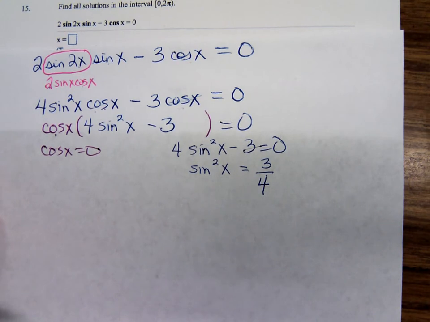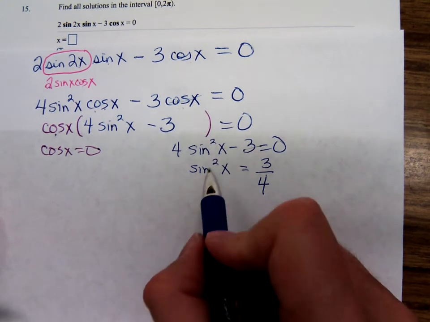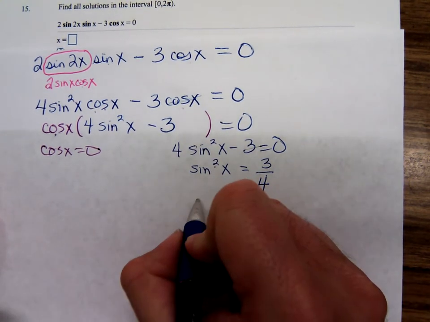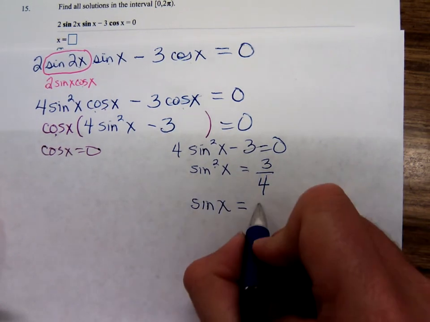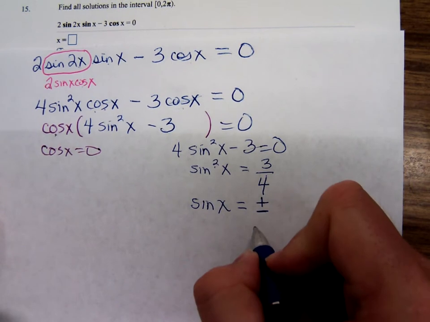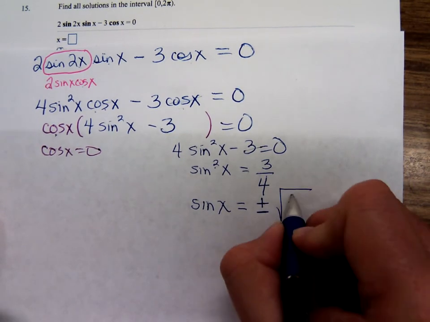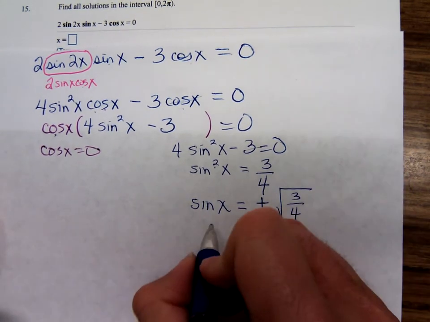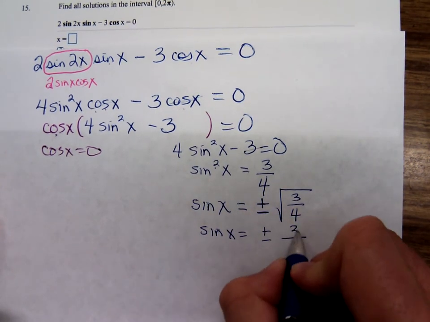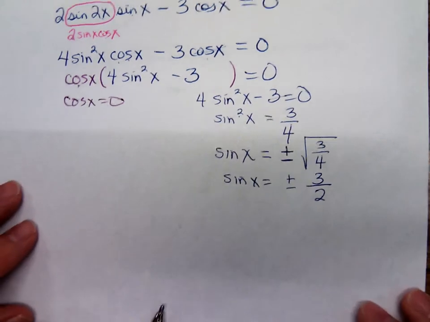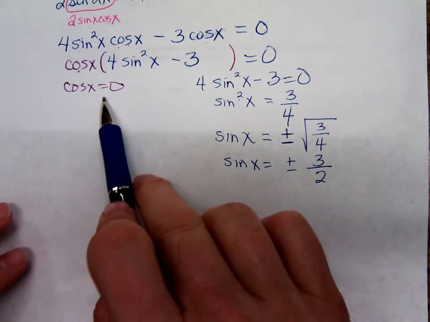Now here's what we were talking about earlier. With that squared there, you don't just take the positive square root, you take the positive and negative square root. So you're going to be looking at the unit circle, asking yourself, where is cosine 0?